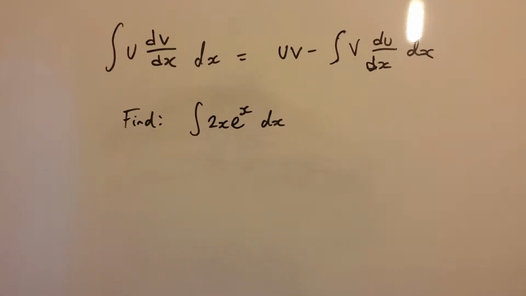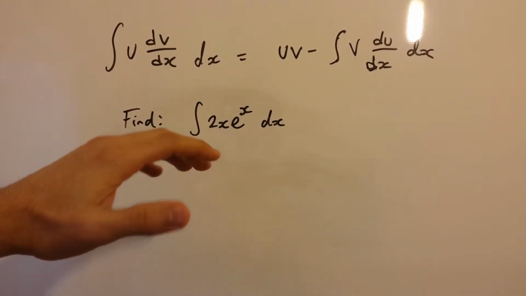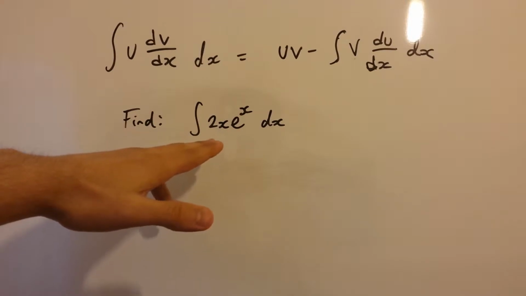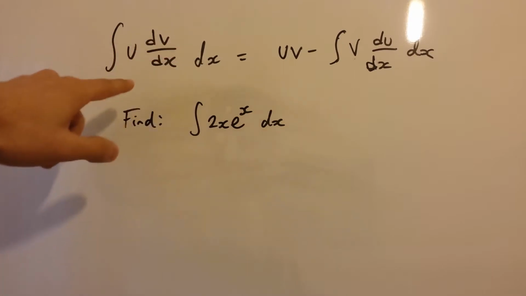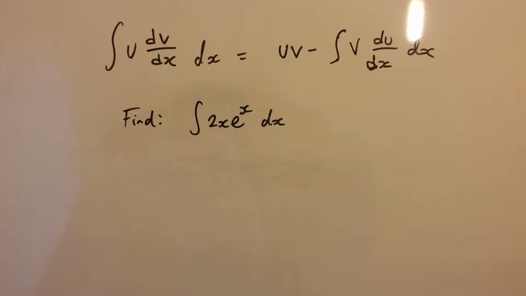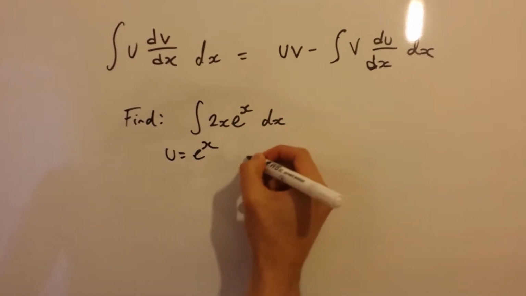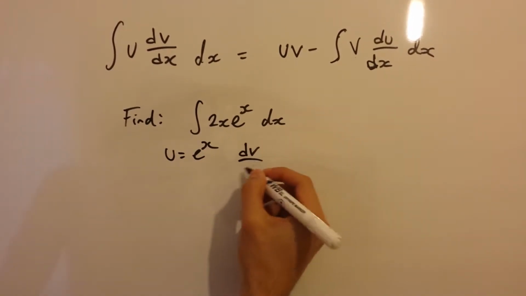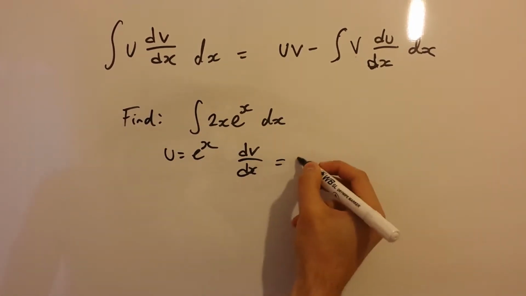It is very important what we choose as what function u should be and what function the derivative of v should be. I was demonstrating why this is very important. For example, we say u is equal to e to the x, and the derivative of v is equal to 2x.